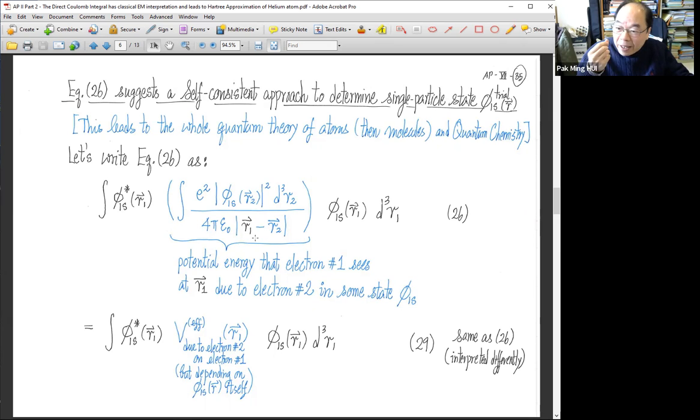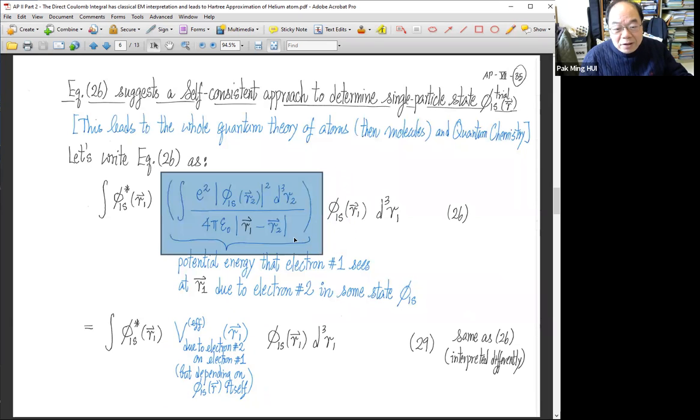Therefore, it hints that we can regard electron number 2 as producing an effective potential acting on electron number 1 that we are focusing on. This is a very suggestive form, so that we can now reduce a two-electron problem into some effective single electron problem.